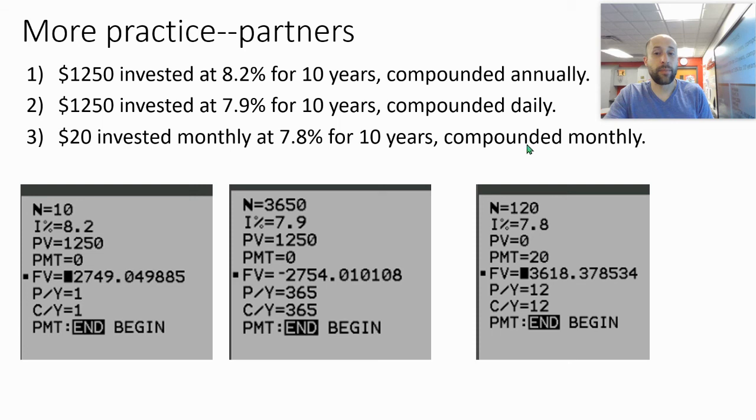And then for 10 years, compounded monthly, you get the 120 there. The third one is a payment, so you do have a payment there of 20. Every month you're investing $20. That's included in that calculation then.